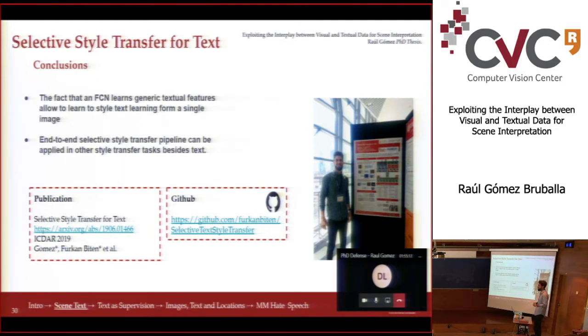For instance, we could also apply it as a data augmentation method for object detection. And this was joint work with Ali, who is over there, also a PhD candidate in this lab. Also a pleasure working with you. And it resulted in an ICDAR publication last year.